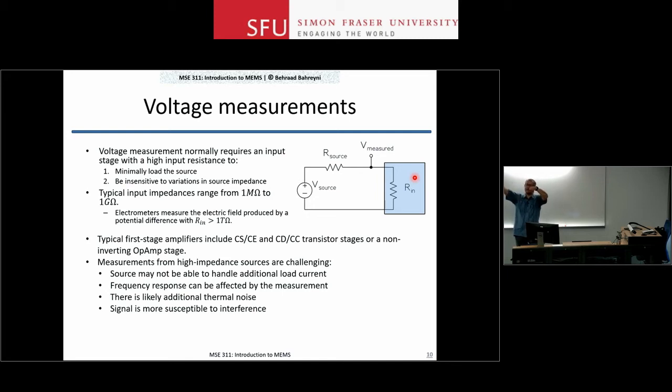You may have a relatively low impedance connection between this signal source here and this high impedance node in your circuit. So once the impedance between this node and everywhere else is large, now you have to worry about the impedance between this node and all these other random sources in the environment.